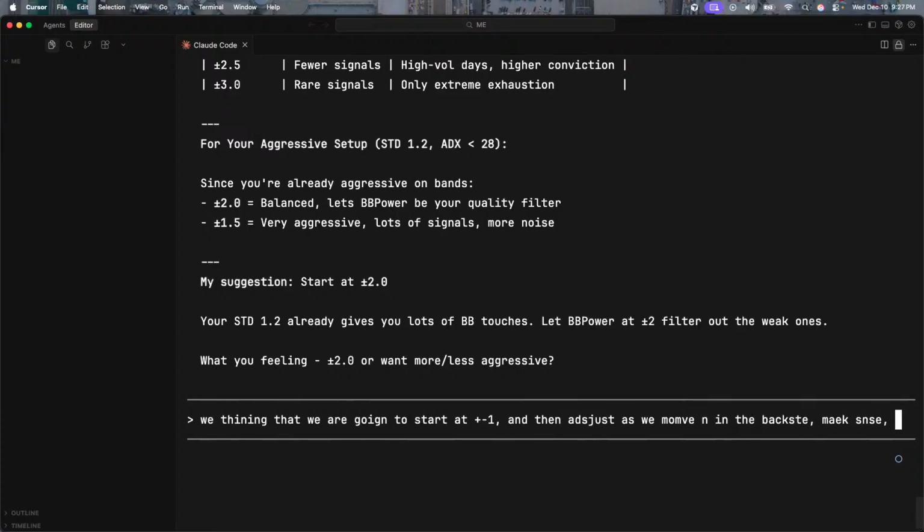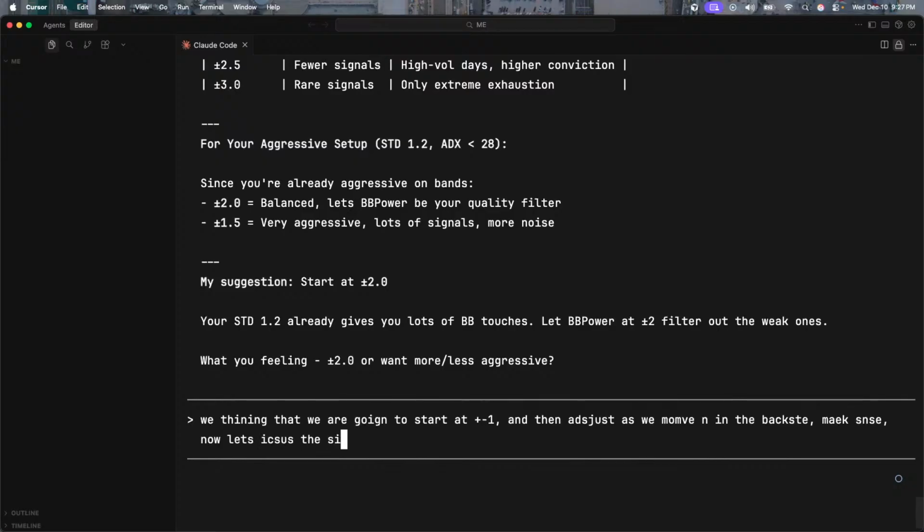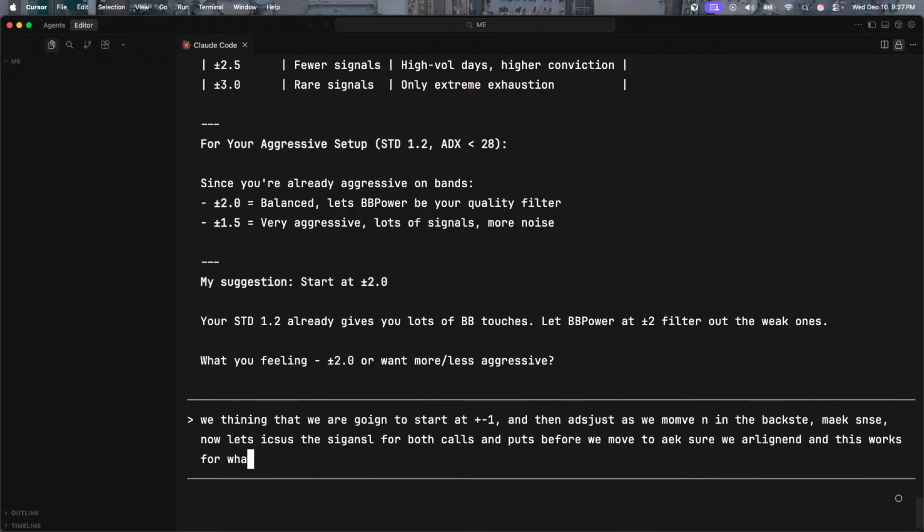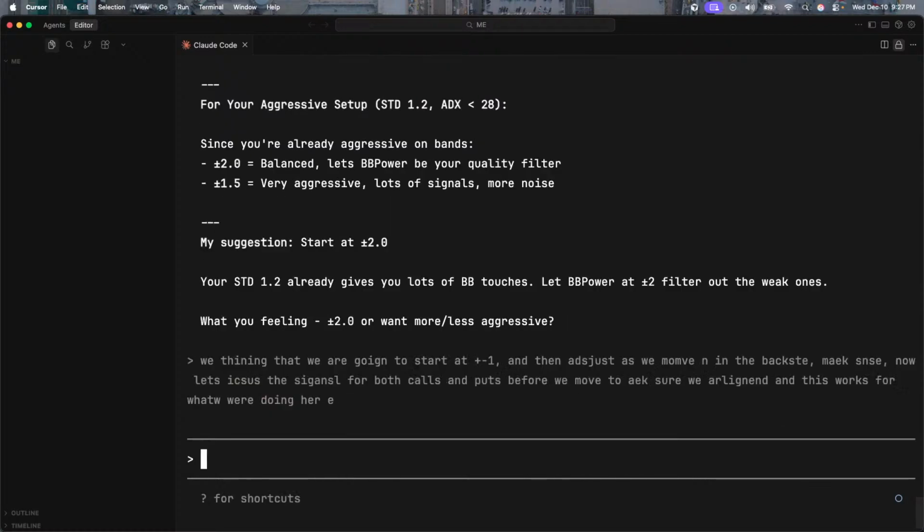Makes sense? Now let's discuss the signals for both calls and puts before we move on, to make sure we are aligned and this works for what we're doing here.